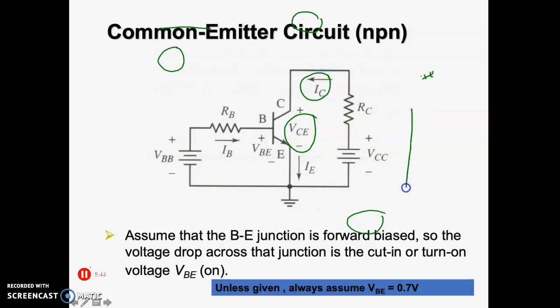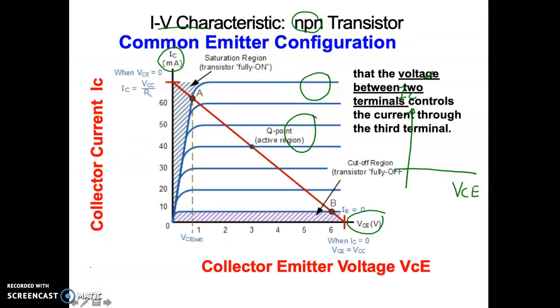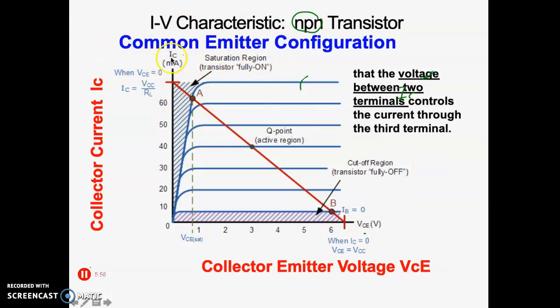So your graph for the IV characteristic must have IC here and VCE here, the output current and output voltage.